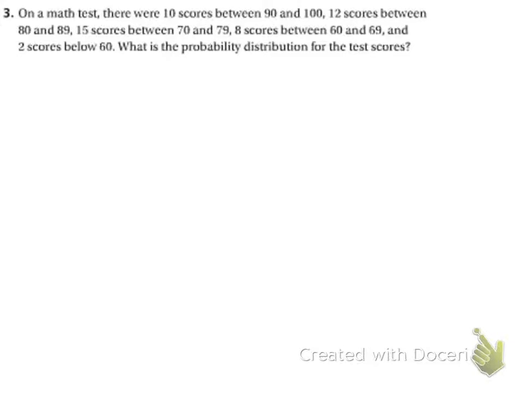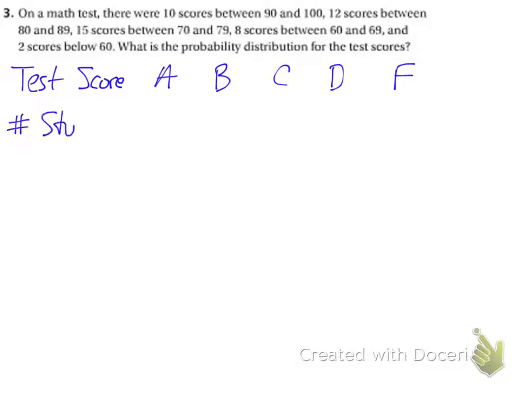So that's a probability distribution with a frequency table. And then with the last one, I've got a similar setup. I've got math scores here, so I'm going to go with the test score. I can rank those A, B, C, D, and F, and here I can put the number of students, and then last I can have my probability.